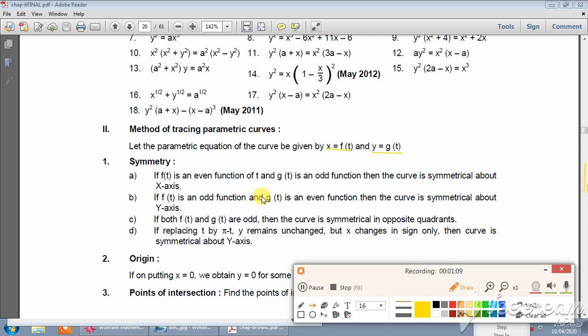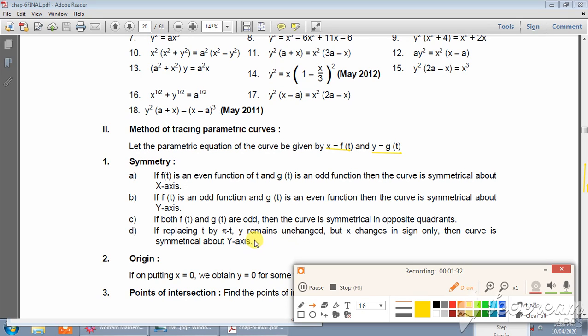If this condition is not satisfied, then by replacing t by pi minus t, if x has the same value with opposite sign, whereas the y value is unchanged, the curve is symmetrical about the y axis. So for checking symmetry about the y axis there are two criteria.